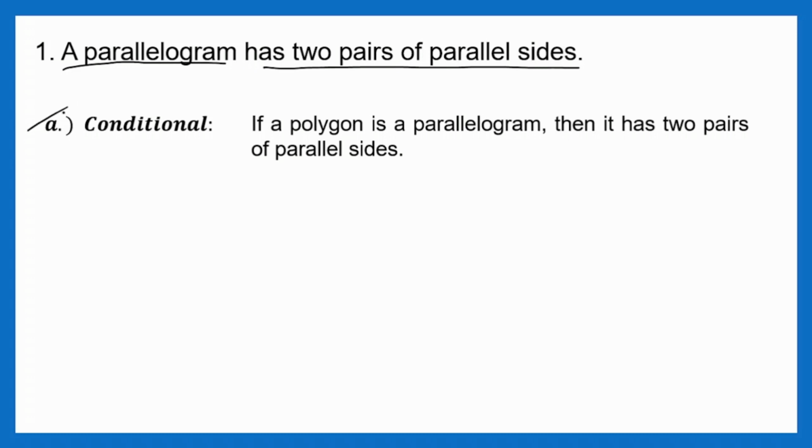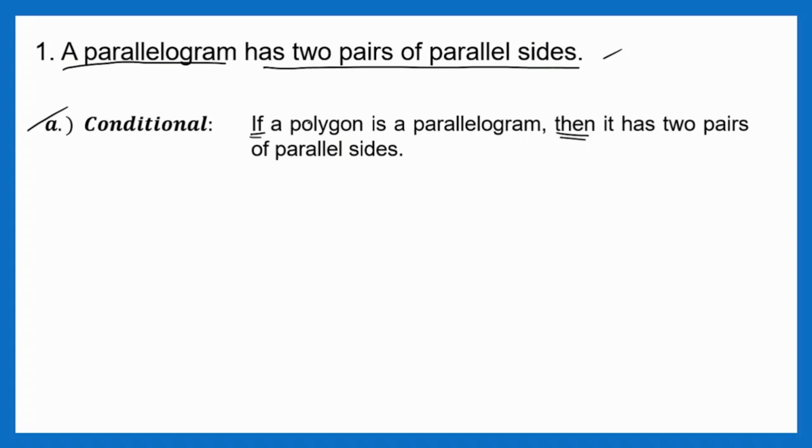We may have different versions of our answer, pero kung feeling mo naman tama na i-translate mo siya na same ang meaning dito, then tamaan mo yung inyong sagot. May if tapos may then. Ang ginamit ko is polygon, pero hindi lang naman dapat polygon. Pwede kong gamitin yung quadrilateral. If a quadrilateral is a parallelogram, acceptable yon.